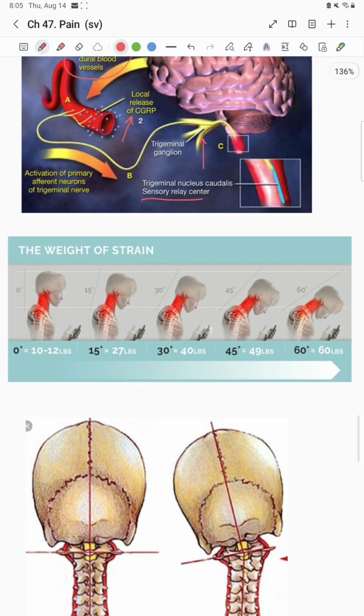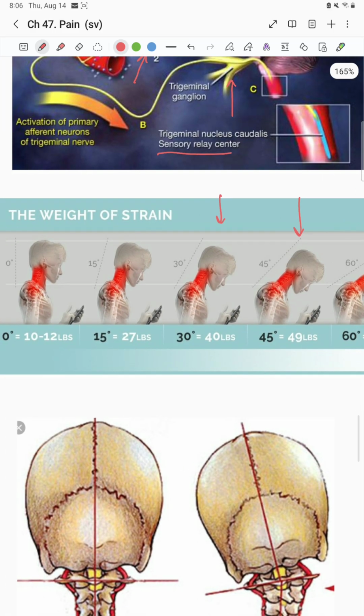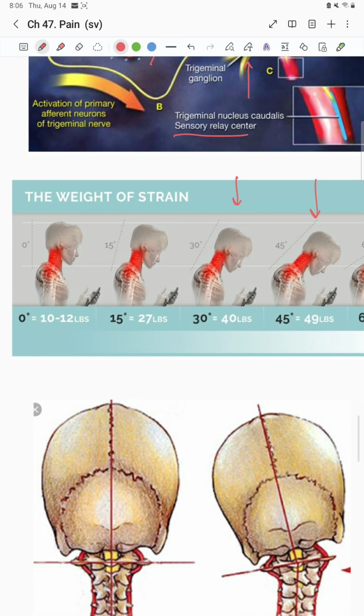So here's an example of some things that can contribute, in this day and age with smartphones and screen time and all that. This posture is very common, contributing or possibly causing this condition. So if you are slightly forward with your forward head posture, even slightly, it's 10 to 12 pounds that these suboccipital muscles have to hold that head up.